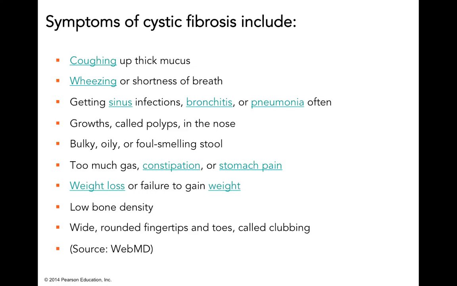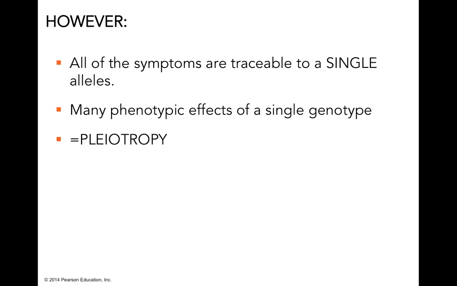Now, these things seem like they're not necessarily all related to each other, but we can trace all of these symptoms or these phenotypes back to one gene, a gene for cystic fibrosis. We can trace all of these symptoms to a single allele of a single gene. So many phenotypic effects deriving from one genotype is the definition of pleiotropy.